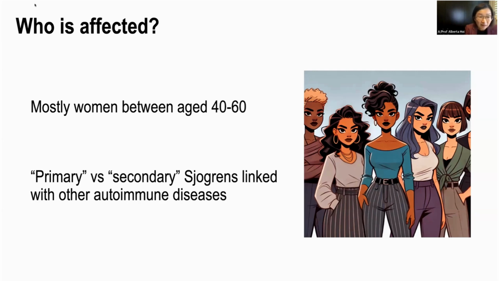It can also be seen in people with rheumatoid arthritis, but sometimes this type of nomenclature is getting a bit old-fashioned because we feel that there really isn't a hierarchy of disease. If you have Sjogren's problem, then it really doesn't matter whether you've got primary or secondary conditions. So I think we'll increasingly see this term phasing out.